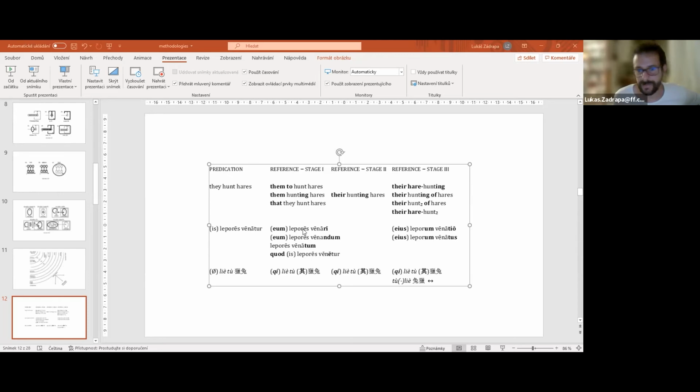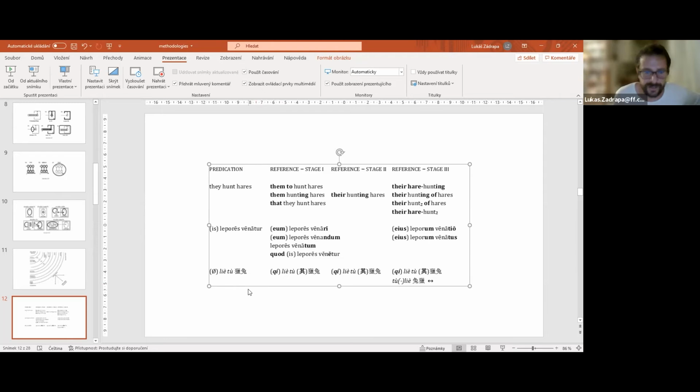We have them in the accusative, like real objects, but here they are encoded in the genitive because this is the hunt of the hares. So we have really parallel processes, and it is obvious that this should be valid for any language.